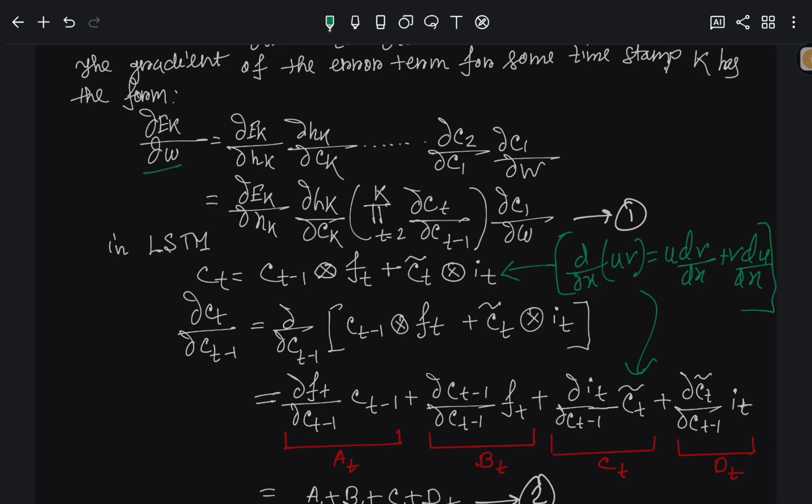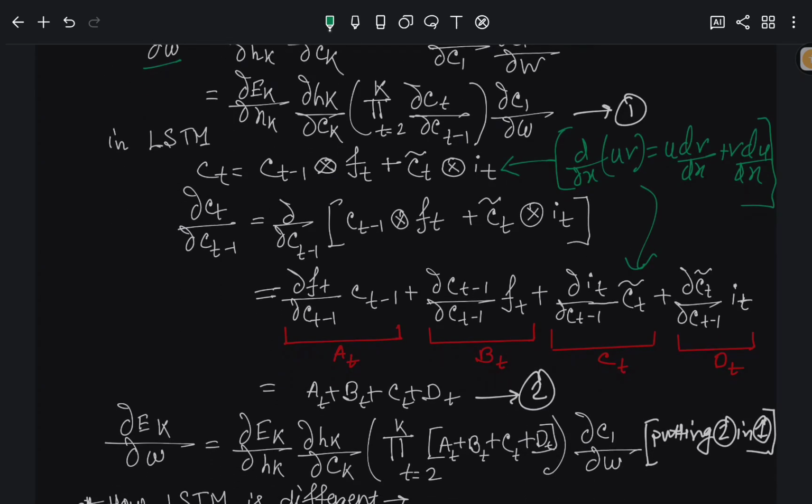And we can see each of the terms here is in summation form, right? And if we denote each of these terms as At, Bt, Ct, and Dt, we can see this is equation 2 which we are getting, and all these terms are additive in nature, right?